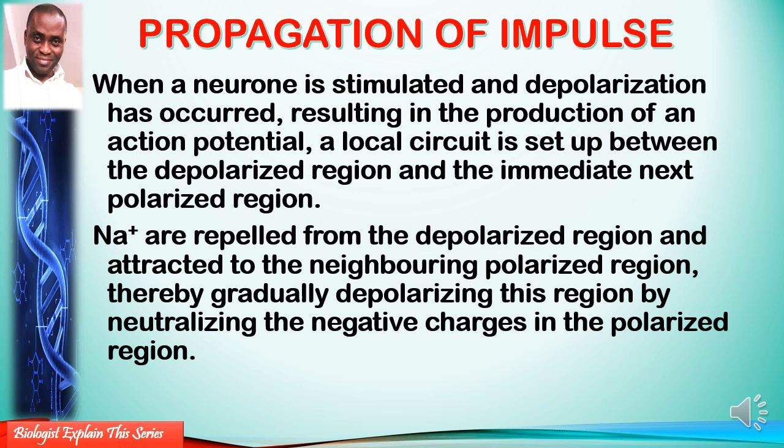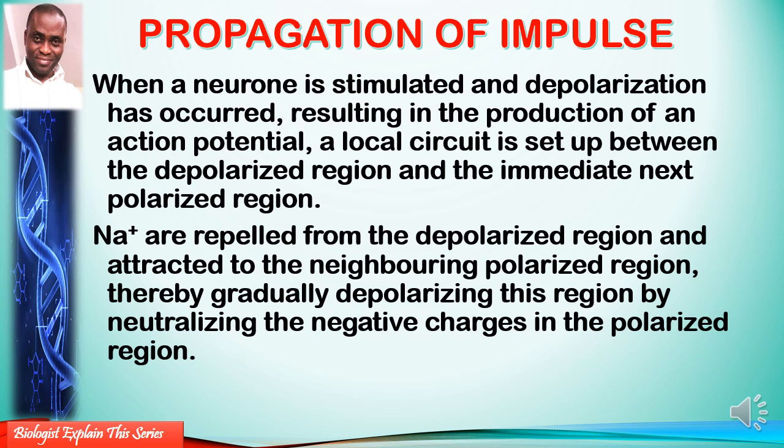Just look at those two words, from and to: from the depolarized region to the polarized region. Just like we saw in the case of how an impulse is generated, they begin to cancel out the negativity that existed in the polarized region.